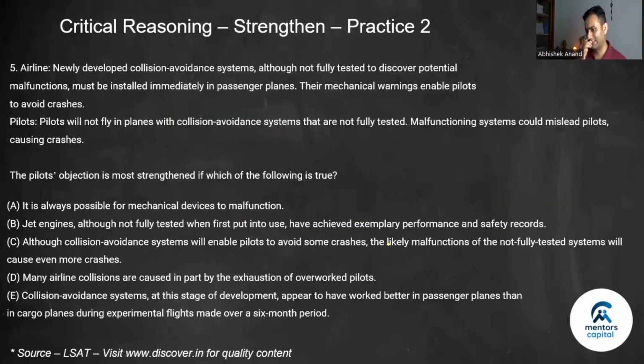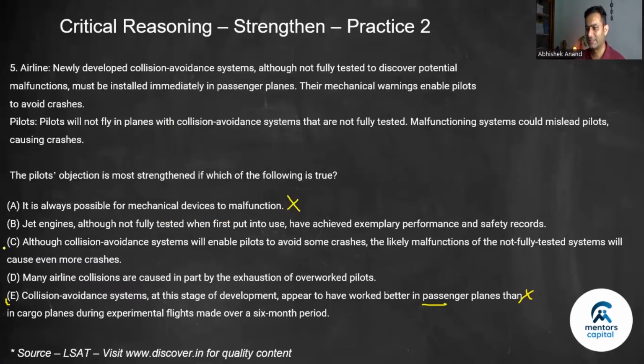And that is in number 5, option E. If you look at E, collision avoidance system, this appears to have worked better. No, doesn't make sense. It is always possible for mechanical devices to malfunction. Doesn't make sense. This means you should do nothing then.